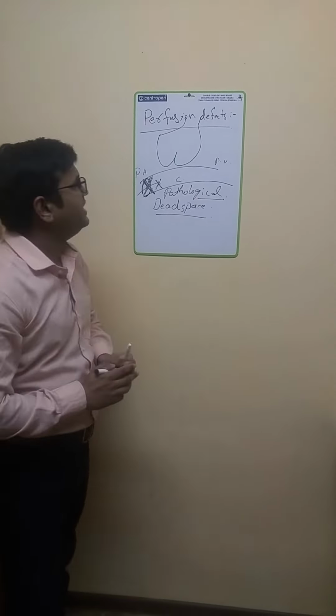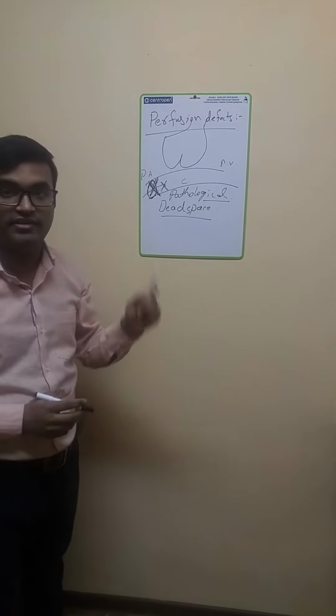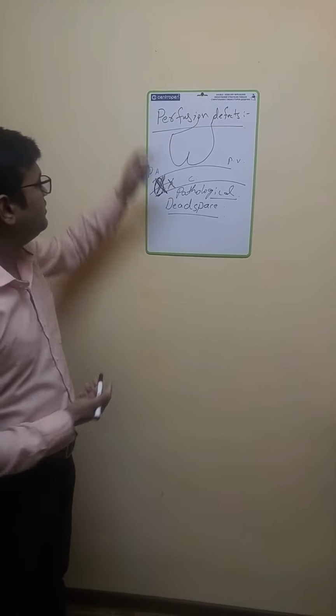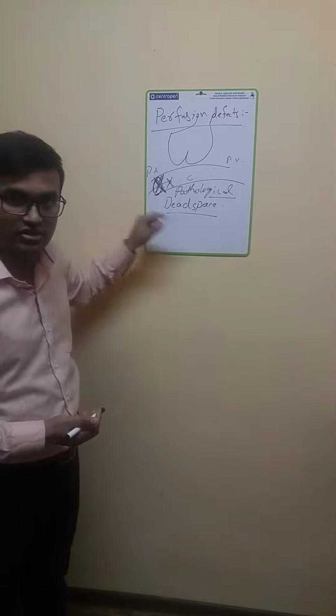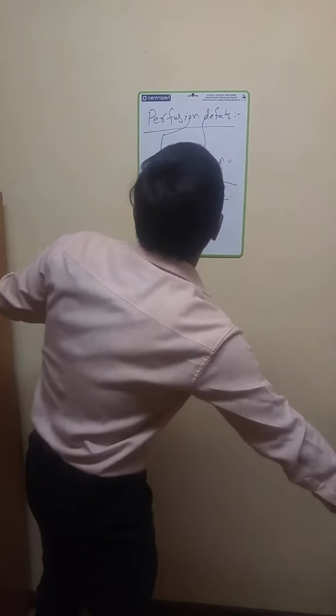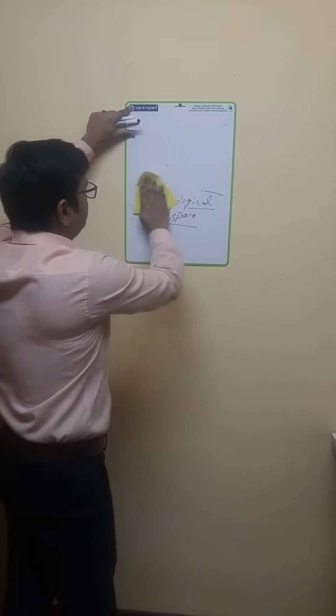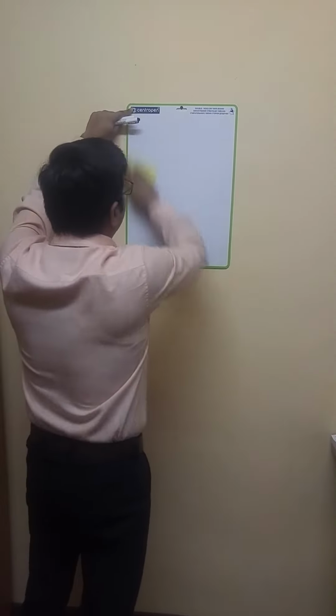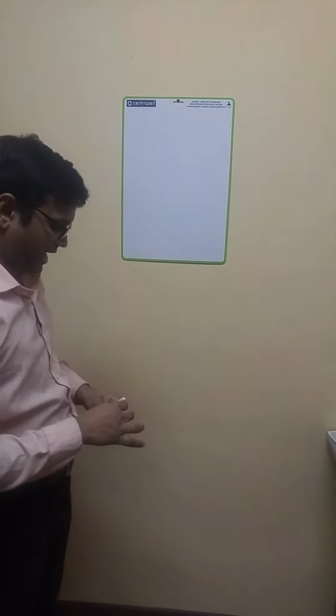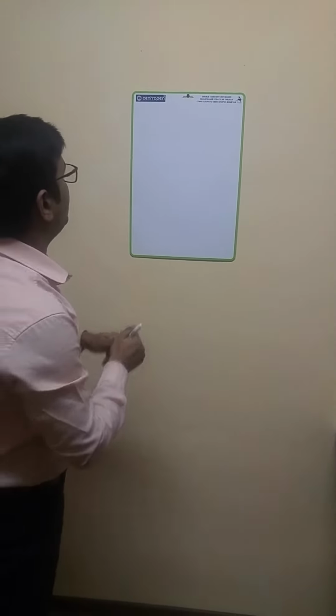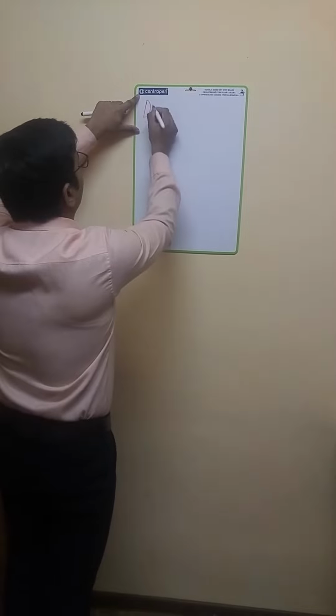So ventilation defects produce shunts, perfusion defects produce pathological dead space. Now the third kind of defect is the diffusion defect. Ventilation defect, perfusion defect, and the third and the last is the diffusion defect.